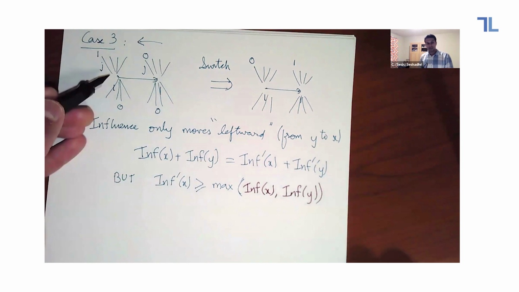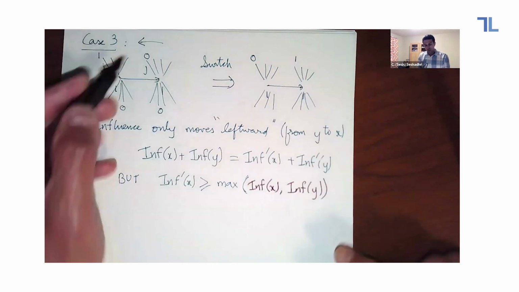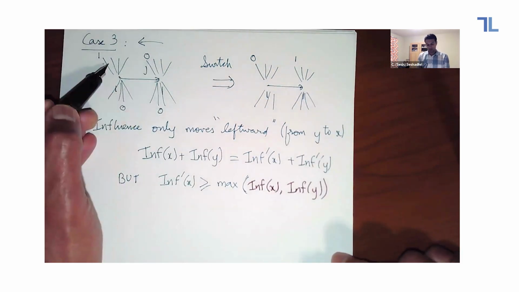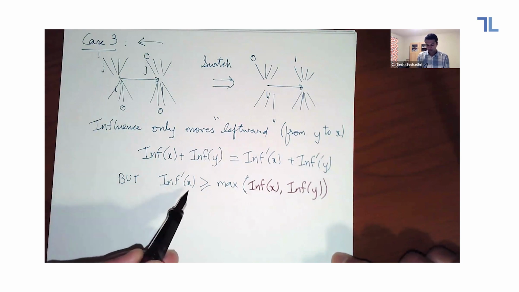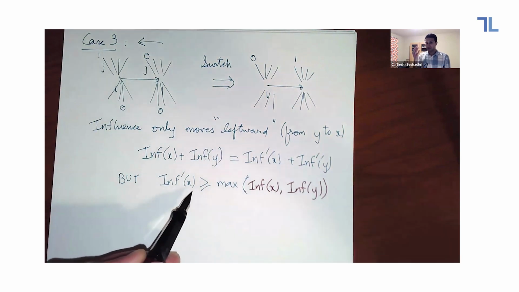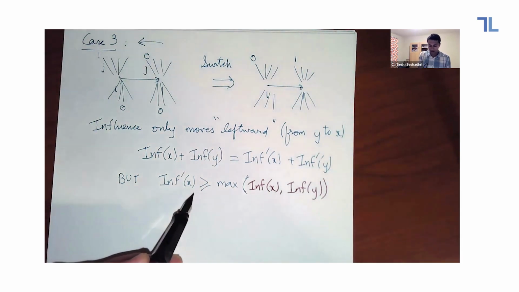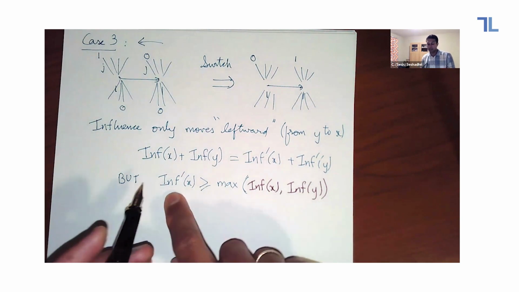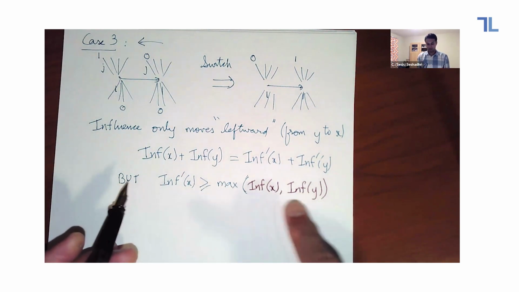Because this influence only moves in one direction, the x will gain influence, and finally it is going to be greater than the max of these two.